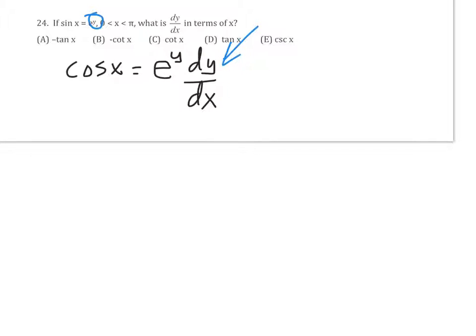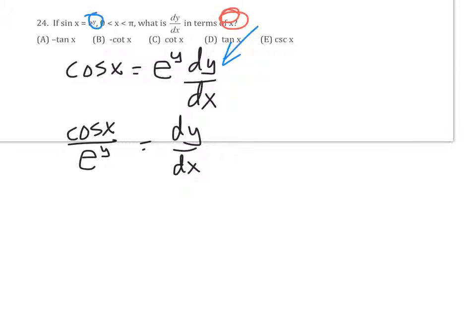Finish up the problem here. We want dy dx equals cosine x over e to the y. That's kind of unusual. We still have x's and y's together. We want it in terms of x, as the original problem said.